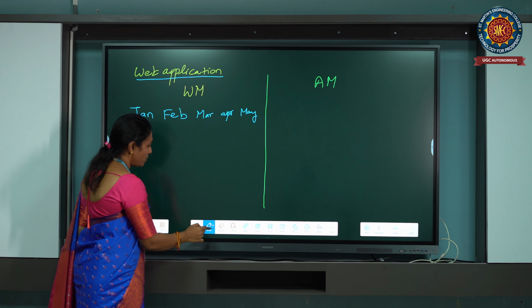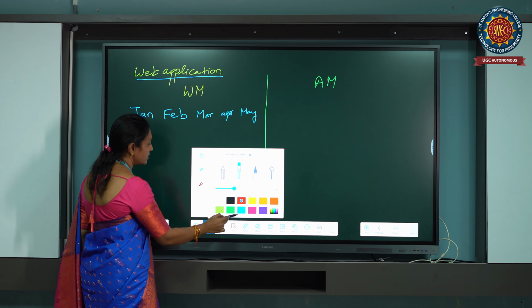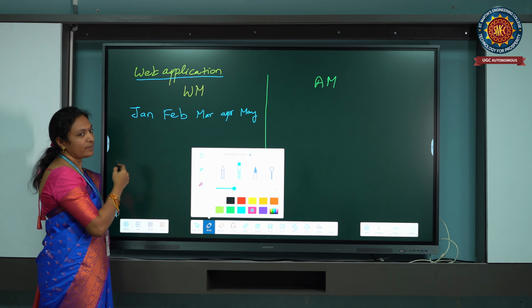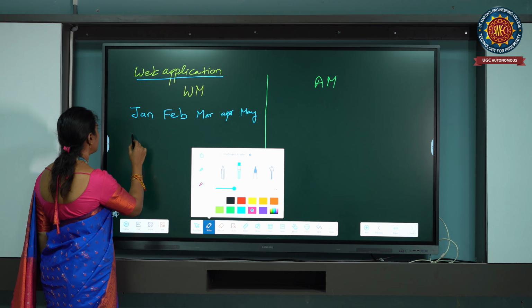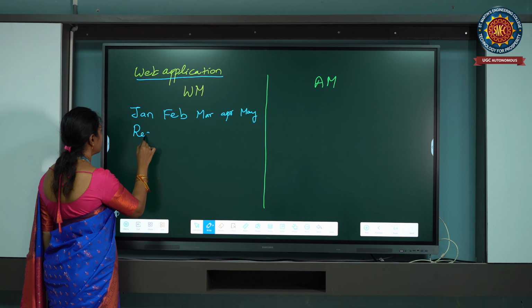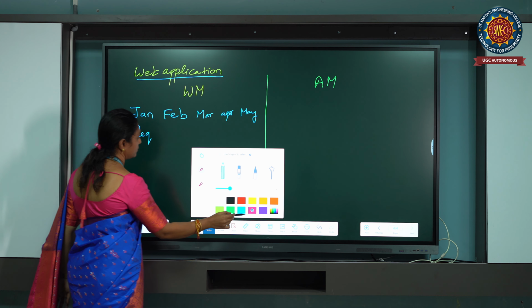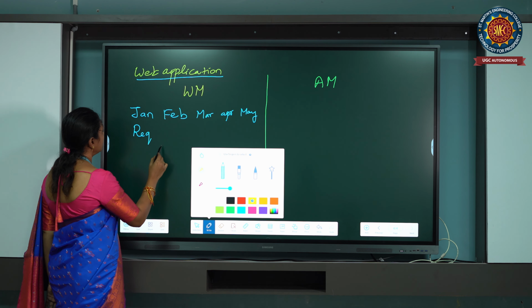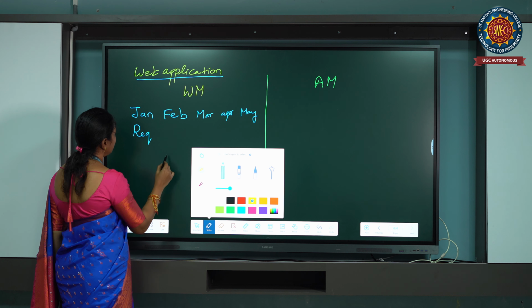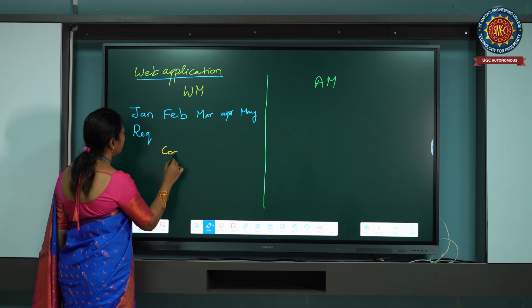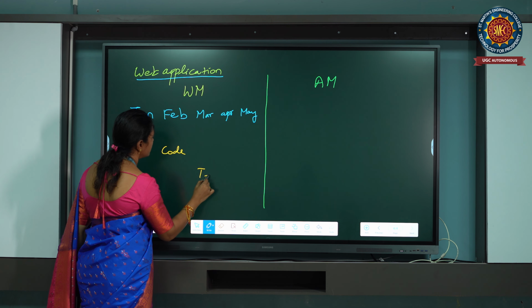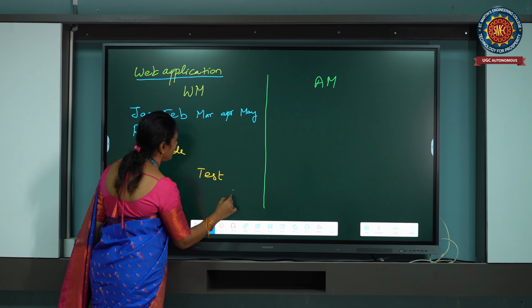So in the waterfall model, we will have phases, right? The phases are the requirement phase, and then the analysis phase, coding phase, testing phase, and then maintenance phase.